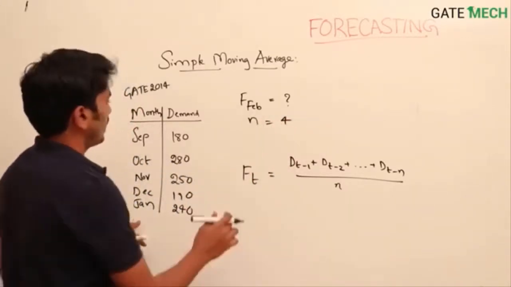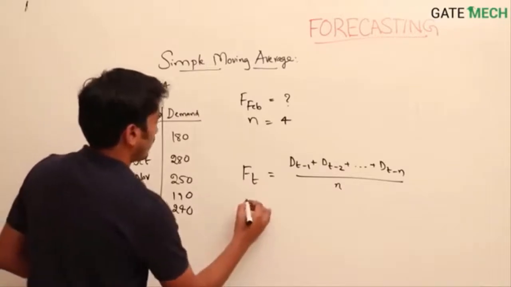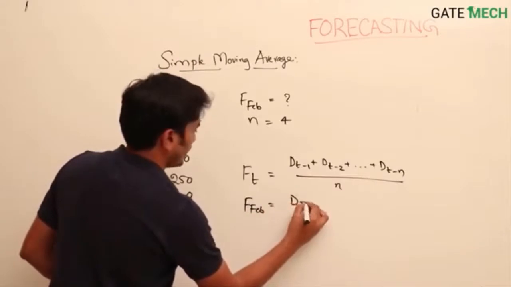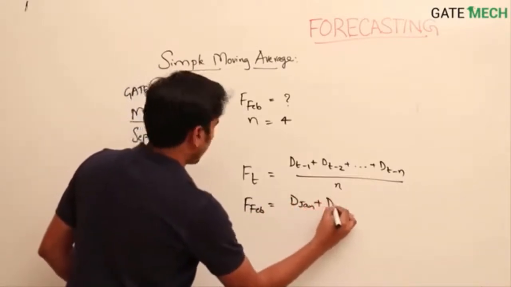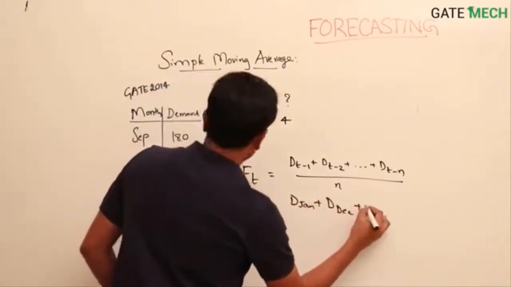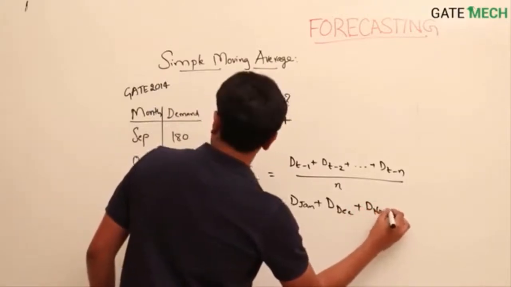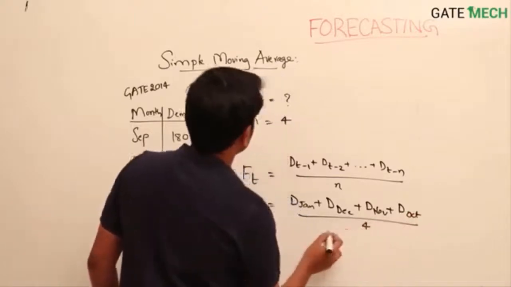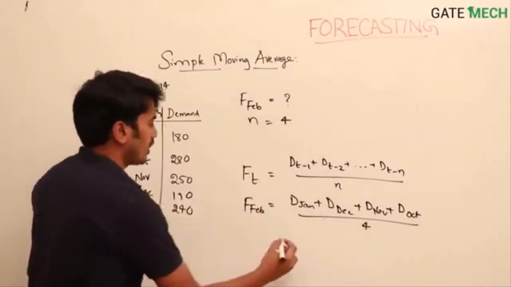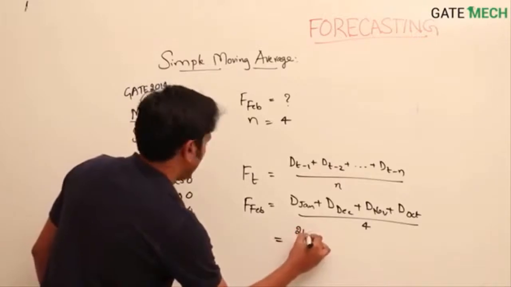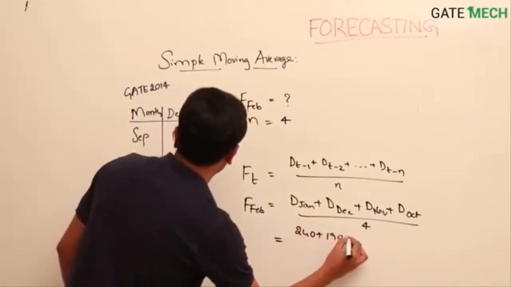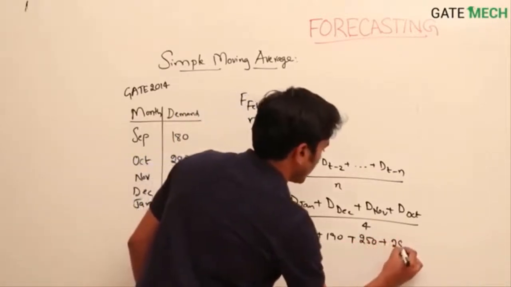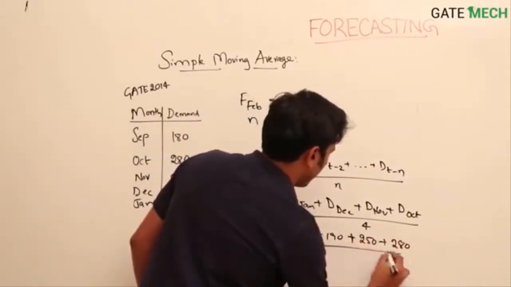So as per our expression, F February will be D Jan plus demand in December plus demand in November plus demand in October, divided by 4, since it is given as 4, which will come to 240 plus 190 plus 250 plus 280, divided by 4.